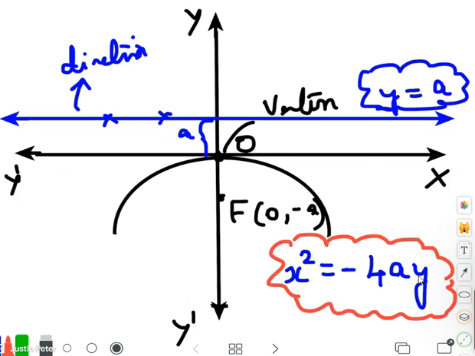Okay, can I erase this one now? So tell me one thing. What will be the distance of the directrix from the focus? This distance will be how much?